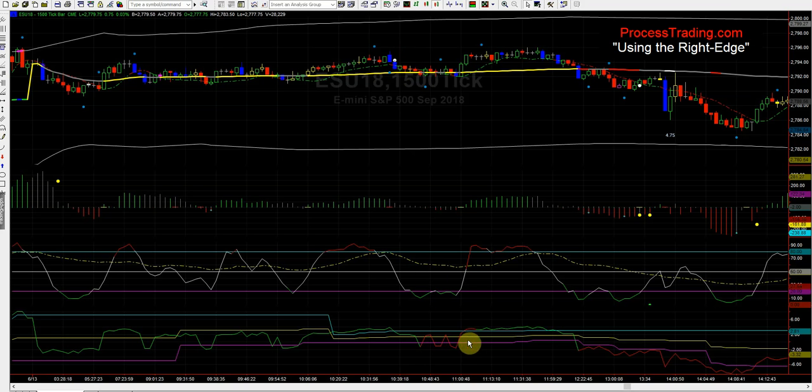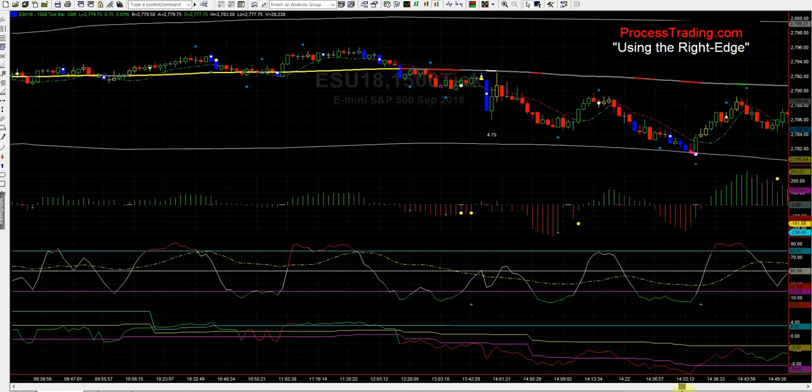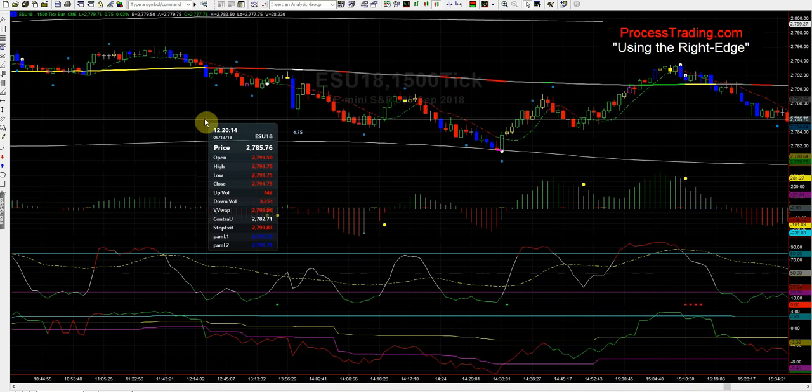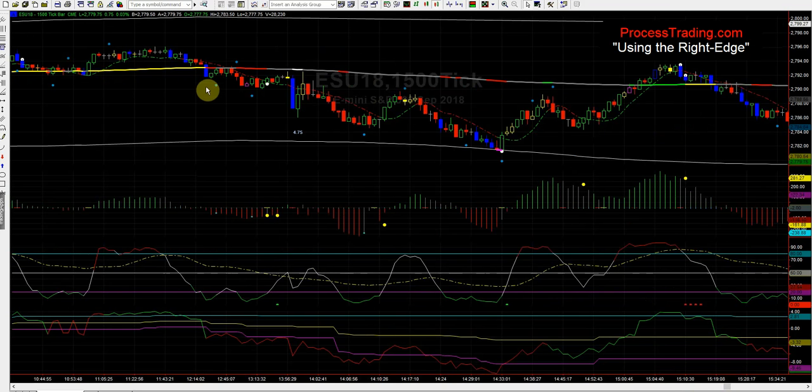Now, this narrow channel continues on, and one of the things we can do when the indicators themselves are not reacting to volatility, and let's move this over a little bit now. So we get over here to around the 12:20, 12:30 time frame, and two significant things happen.